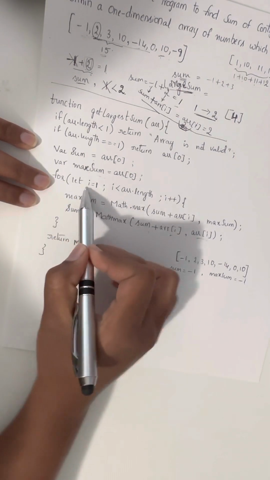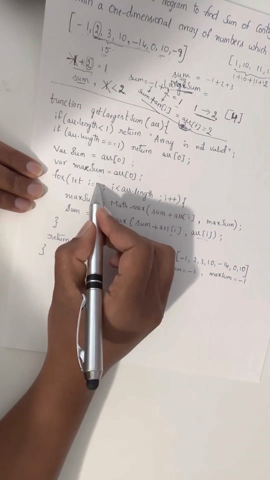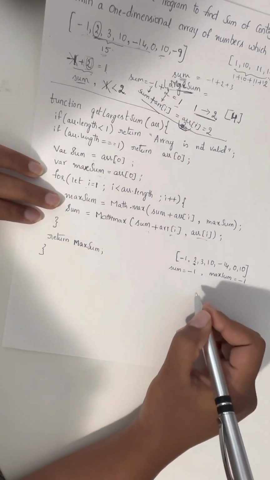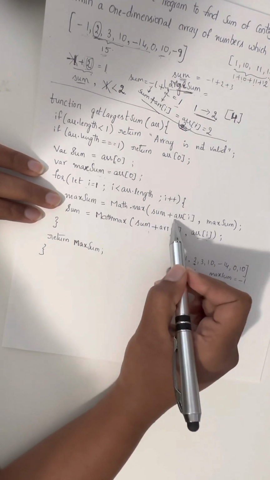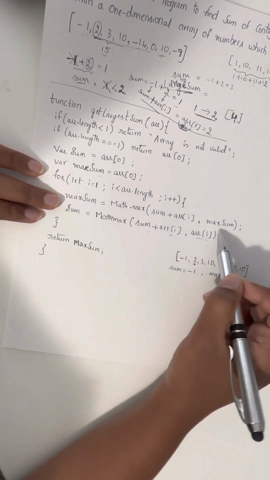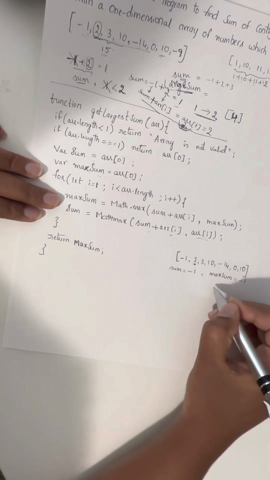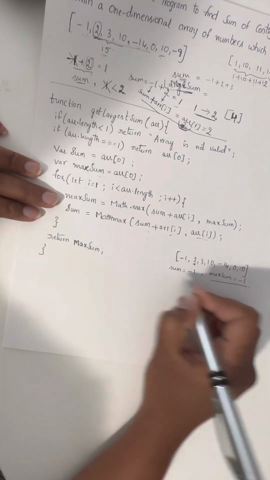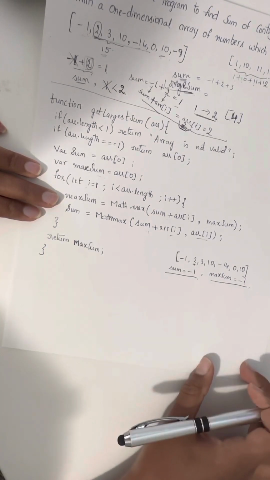Now we are entering the for loop, and it is starting from the index 1, which is 2 here. For the max sum, what we are going to do is compare the sum plus array of I with the max sum that we already have. So let's put all the sums here and all the maximum sums here.